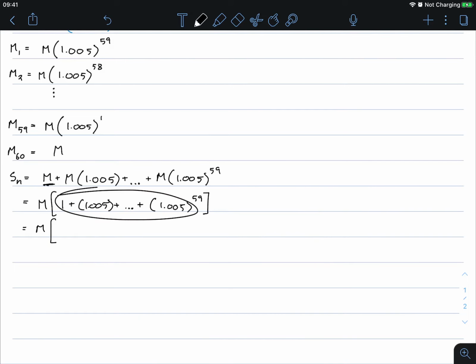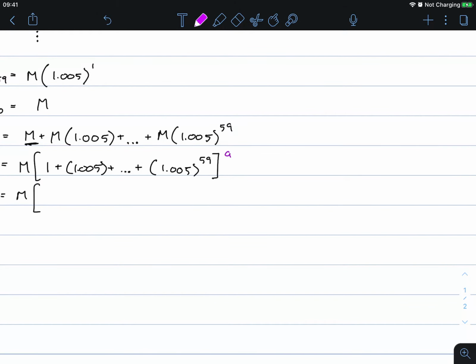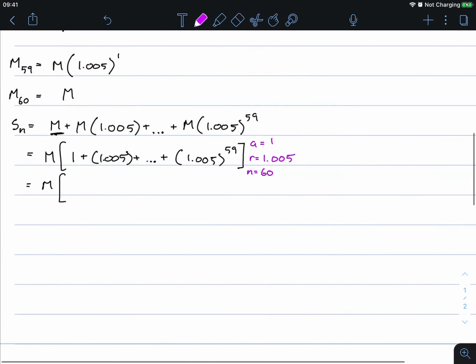Once again, the inside here is a sum of a geometric sequence, with the first term being 1, the rate being 1.005, because it's this term divided by the previous, and the N value is going to be, well, there are 59 expressions of 1.005 plus the 1. Well, there's going to be 60 terms in here.